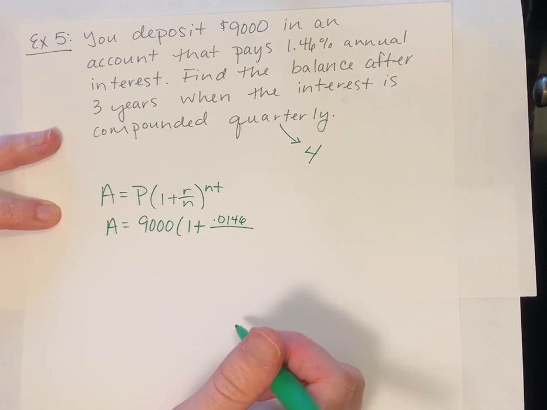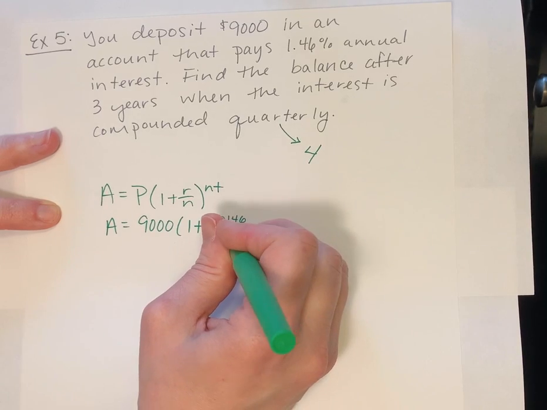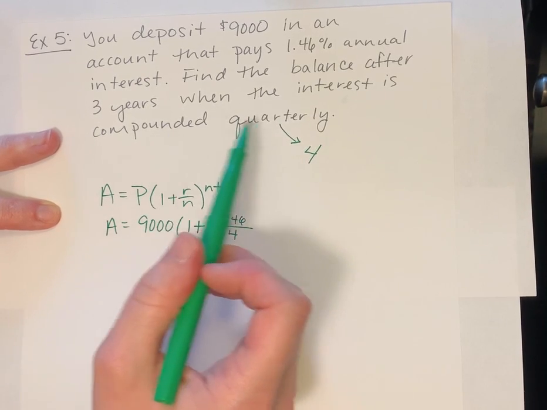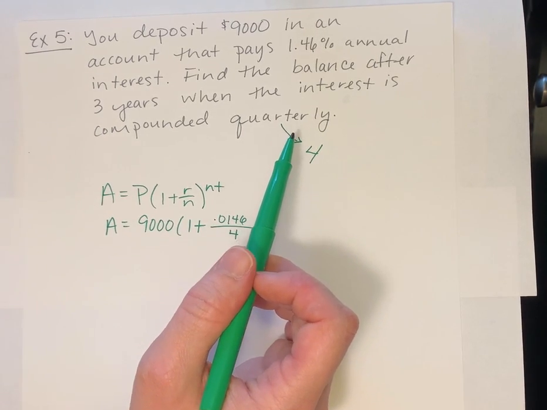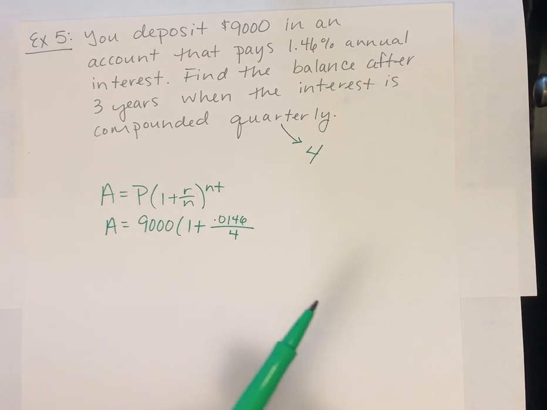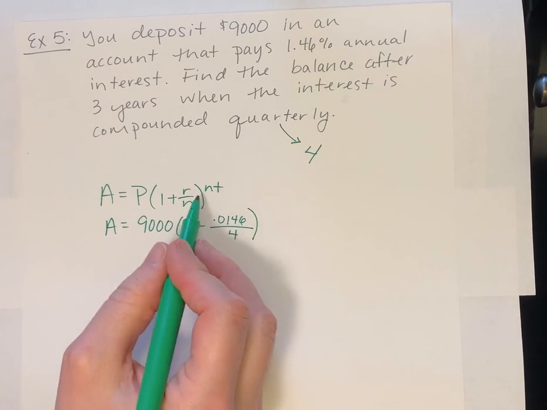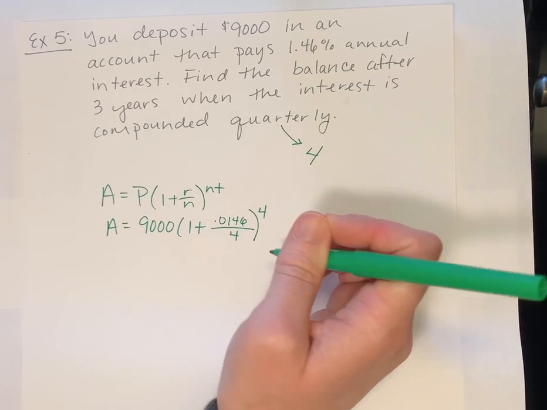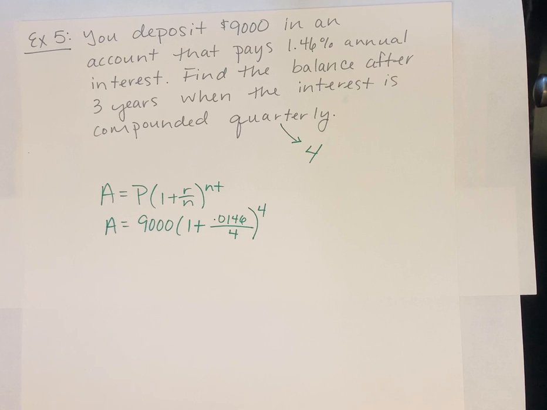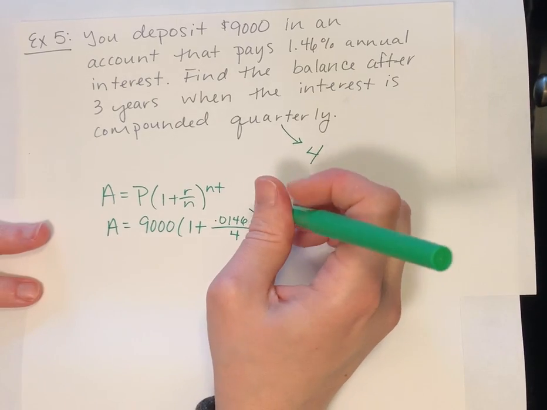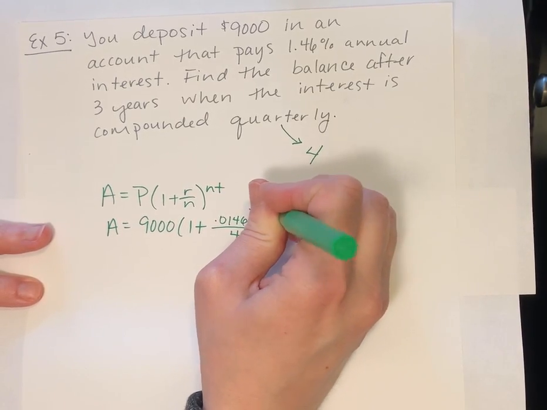And our N value is 4, because we said that it's compounded 4 times a year, and N is the number of times per year. And then again, we have N up here, 4 times T, which is the time, right? So that would be 3, because we said it's 3 years.